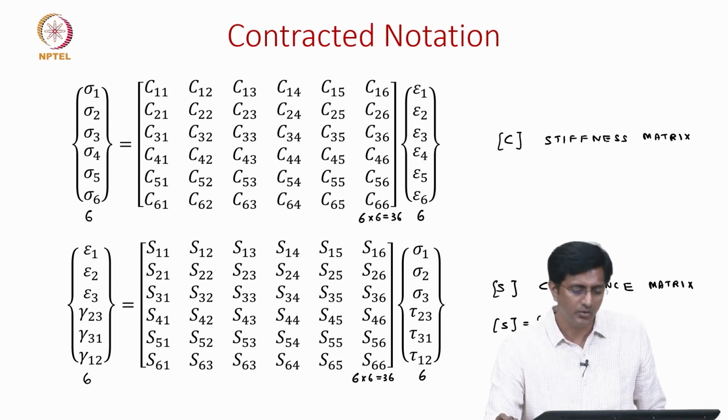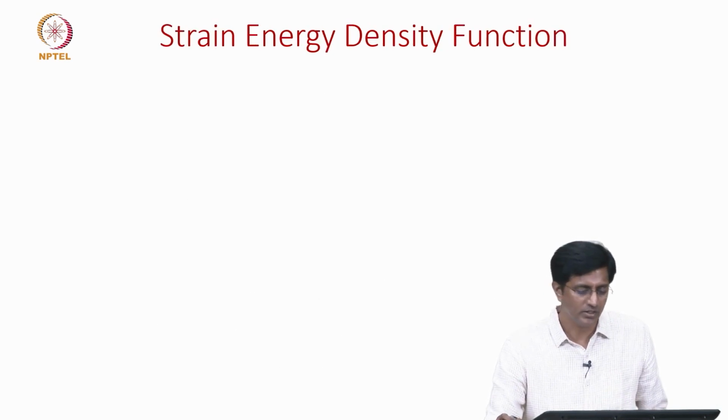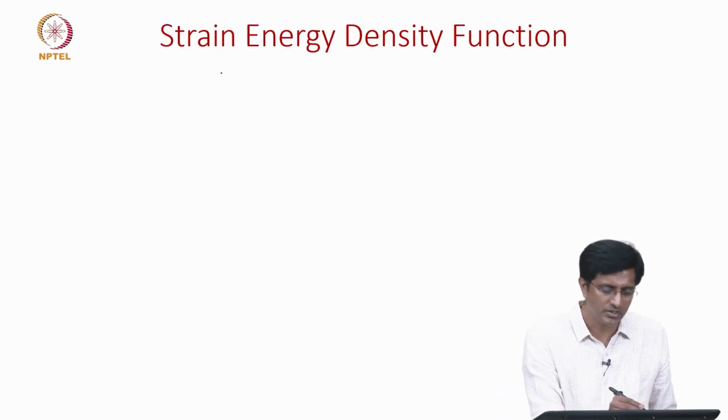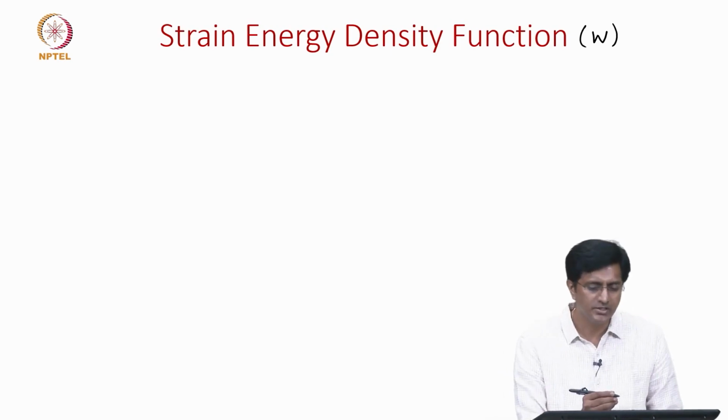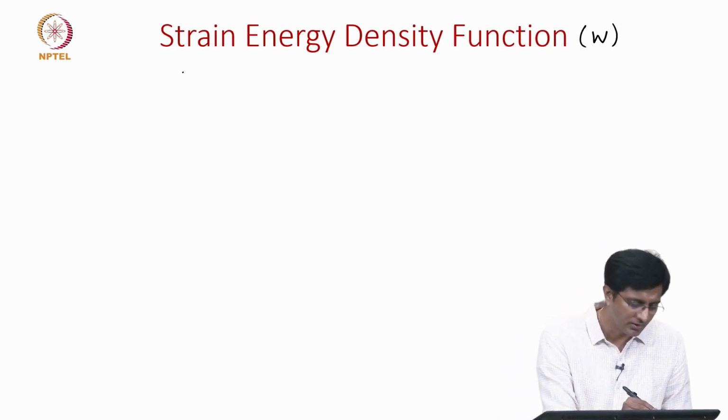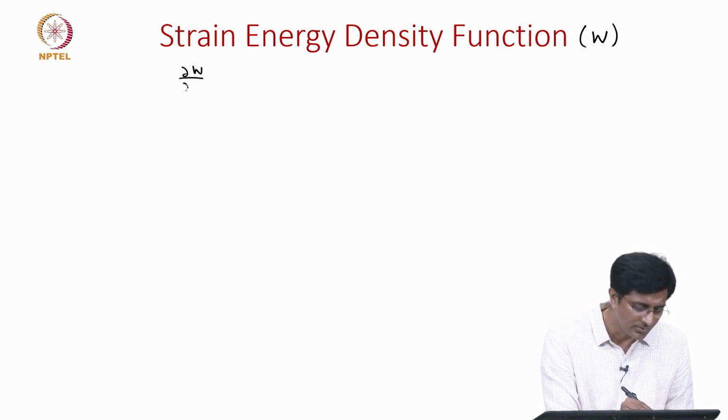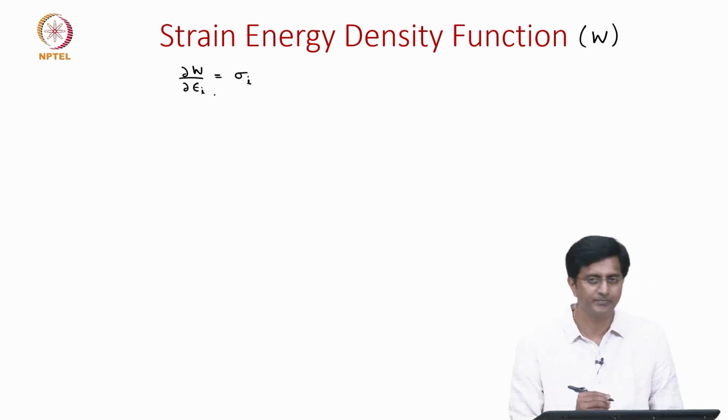Next we will look at a way where we can further reduce these 36 constants to 21. For that we will be discussing the strain energy density function, which we will represent as W. We define the strain energy density function in such a way that the partial derivative of this strain energy with respect to a particular strain component gives us the corresponding stress component sigma i.